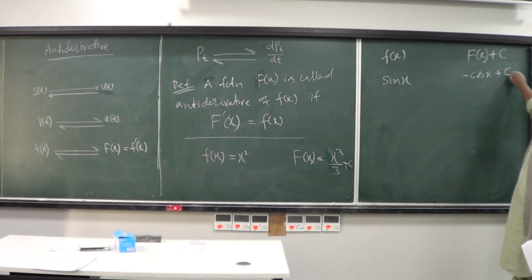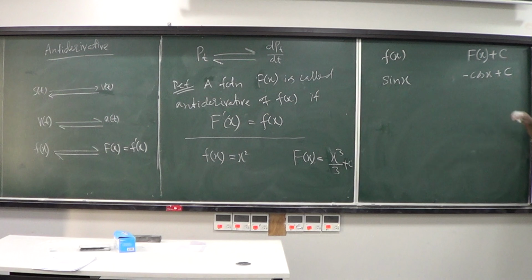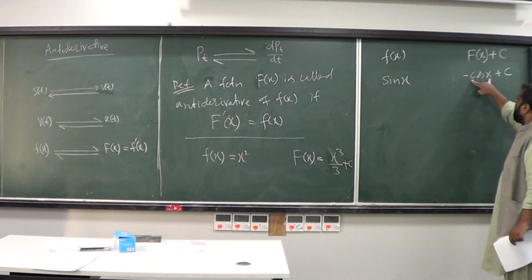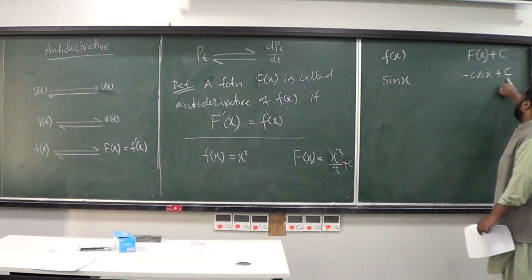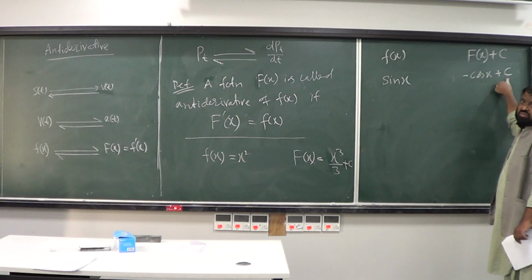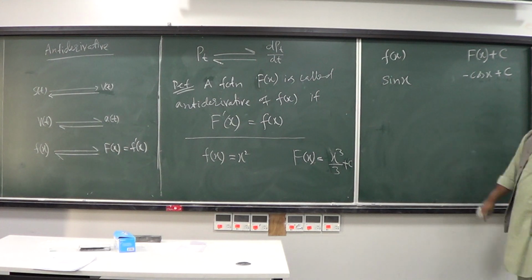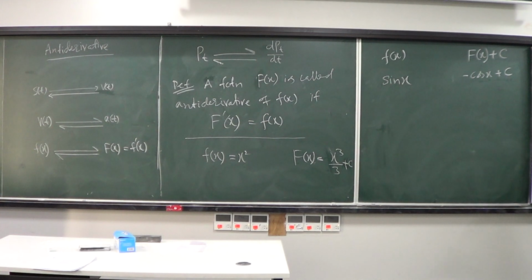If you put a constant, this is also an antiderivative of sin x, because the derivative of minus cos x is sin x, plus the derivative of the constant, which is 0. So minus cos x plus 1, minus cos x minus 1, all these are antiderivatives of sin x.